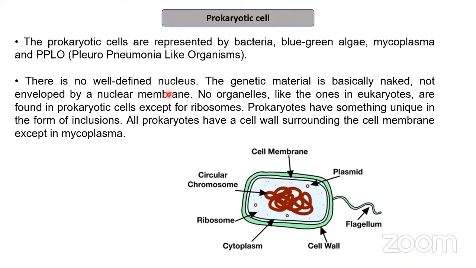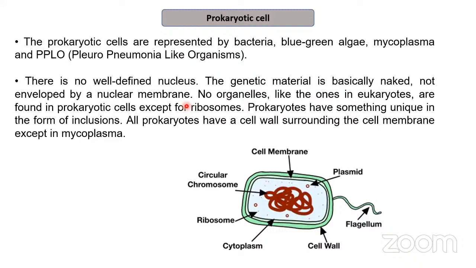As I mentioned earlier also, in prokaryotic cells, no well-defined nucleus is present. So the most important characteristic of prokaryotic cell is no well-defined nucleus. The genetic material is basically naked, not enveloped by any nuclear membrane. So nucleus is not well-defined.